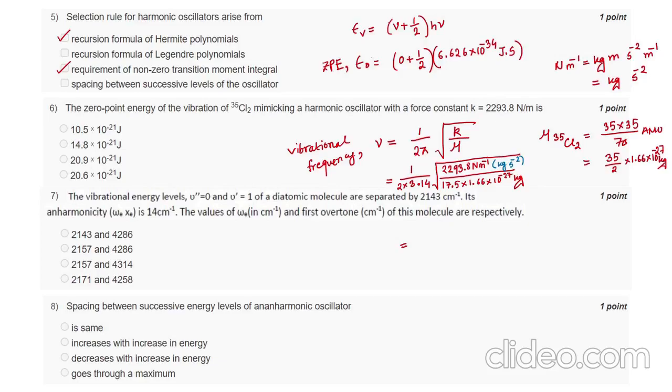So 1 by 2 into 3.14 into root of 2293.8 divided by 17.5 divided by 1.65 divided by 10 to the power minus 27.